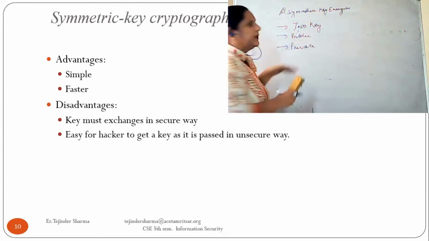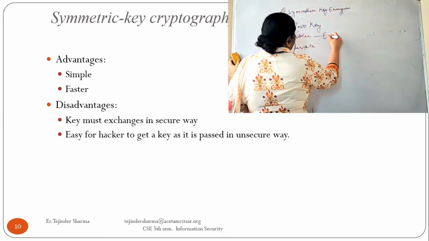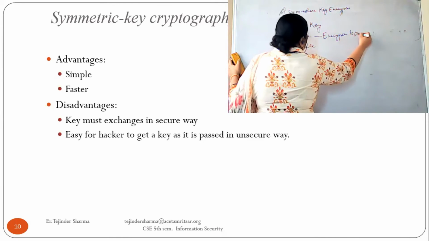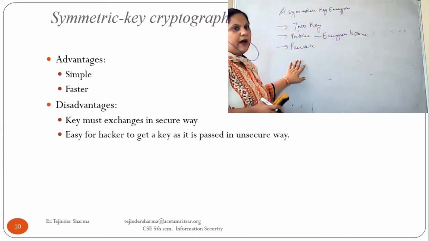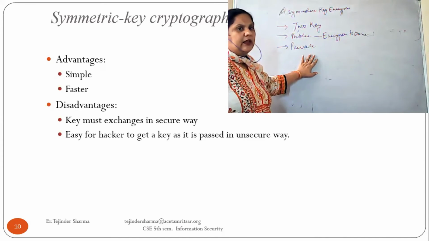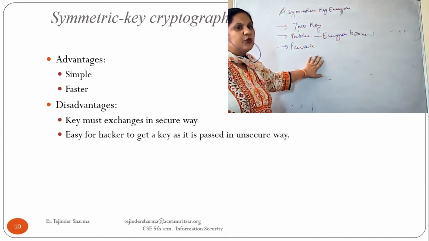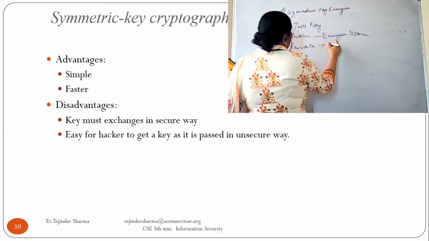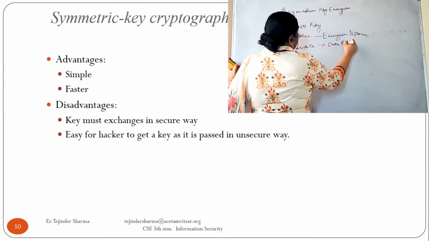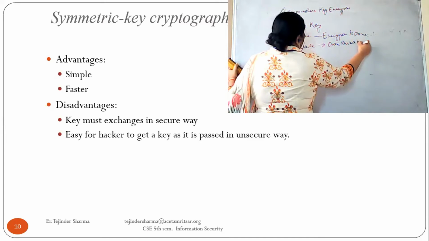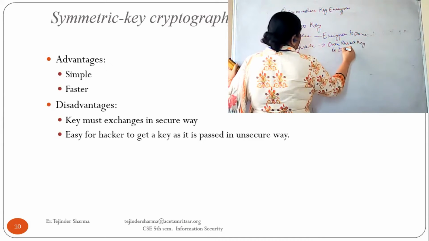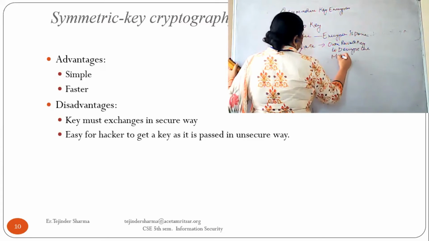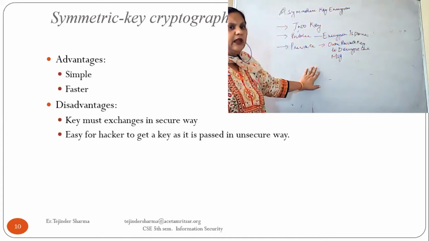Using the public key, the encryption is done, and the data is passed over the information channel. Then the receiver will use its own private key to decrypt the message.